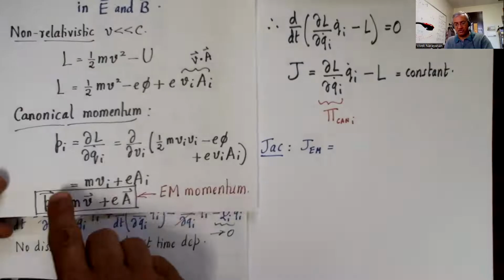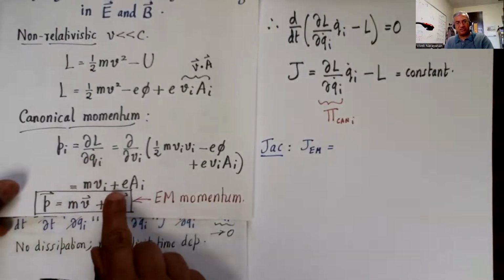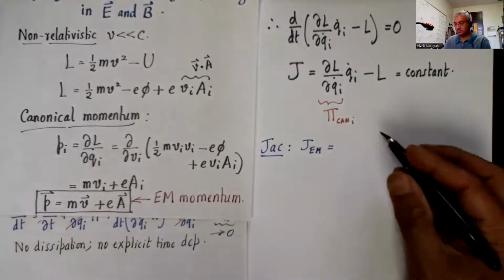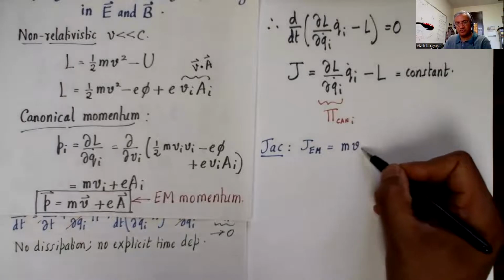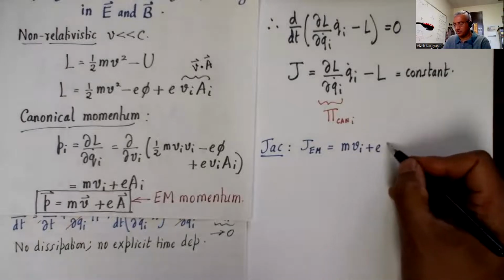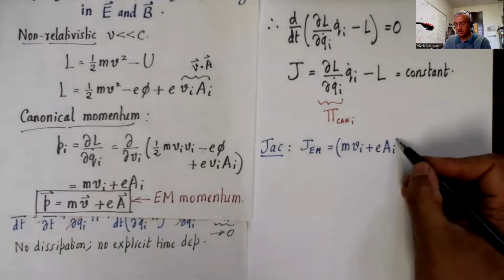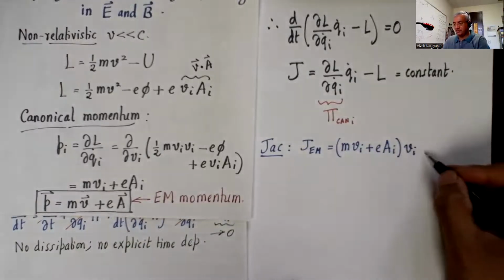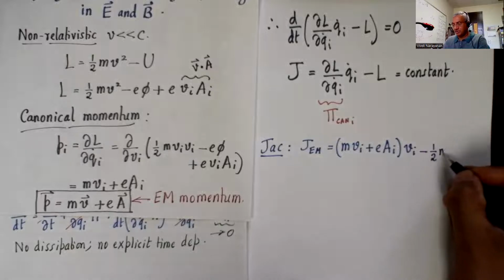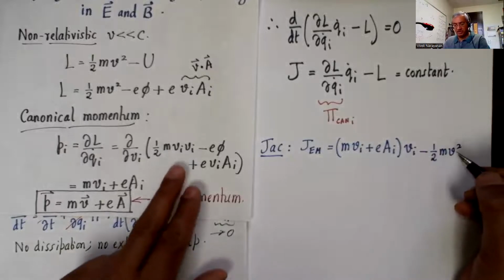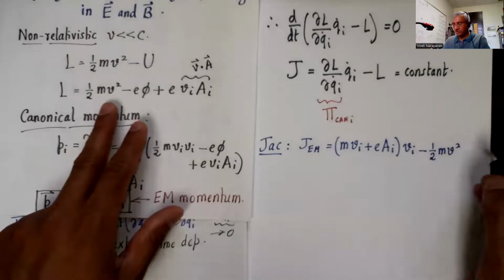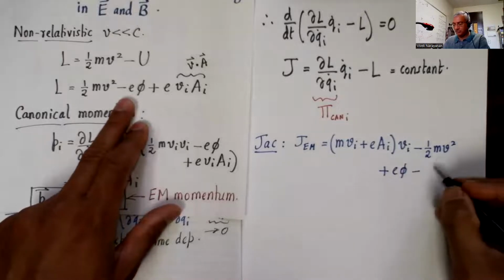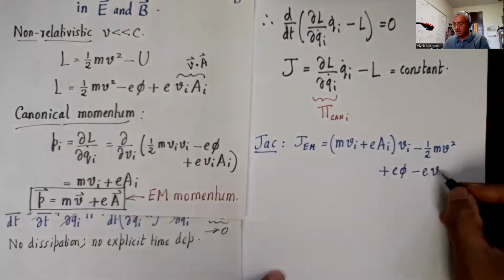It's here. So that's just m vi plus e Ai. That times qi-dot, which is another vi, minus the Lagrangian, which is 1/2 mv squared, just right here. Because of the minus sign, I get plus e phi minus e vi Ai.